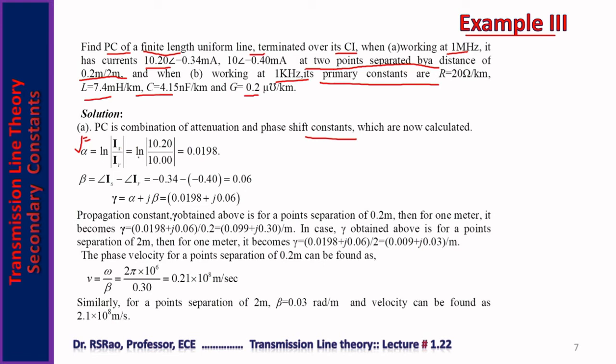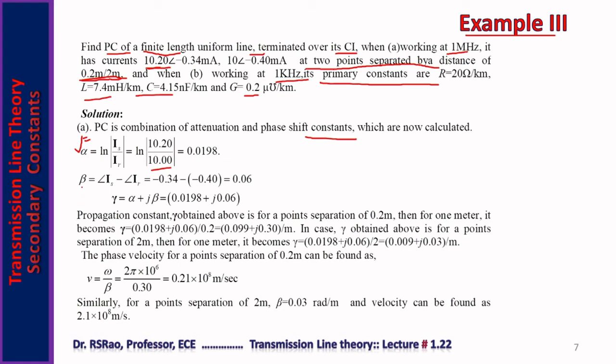So now, natural logarithm of 10.20, this is sending end current, by 10, the receiving end current, it is 0.0198. But these points are separated by 0.2 meters in the first case, in the second case 2 meters. So the attenuation constant, naturally, is this many nepers per 0.2 meters.